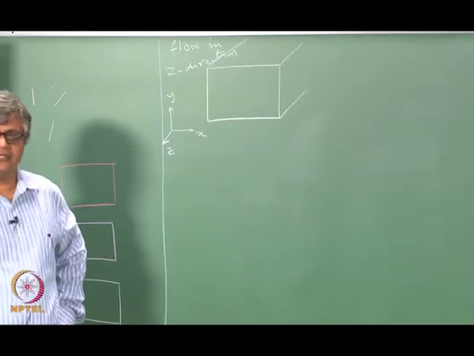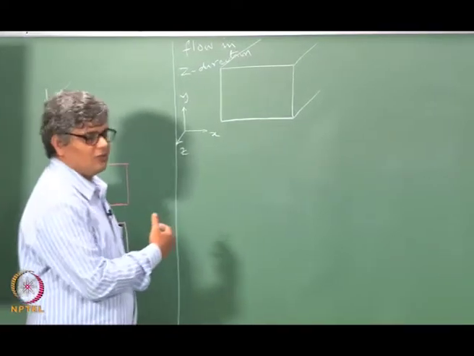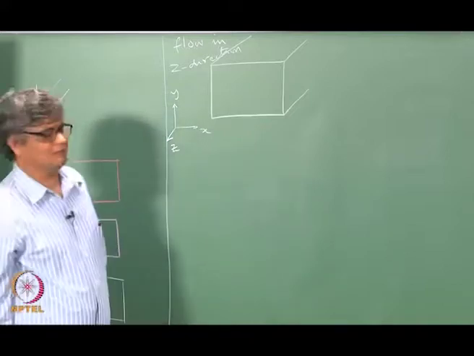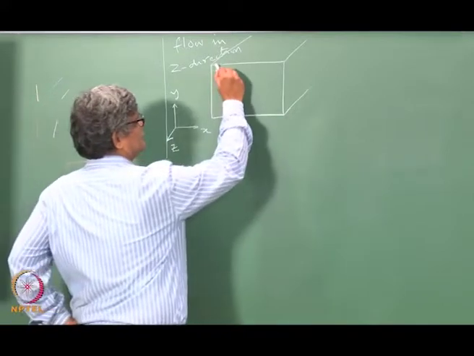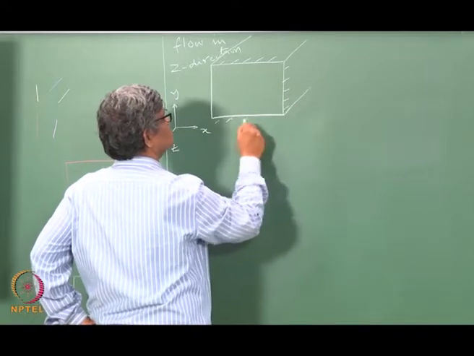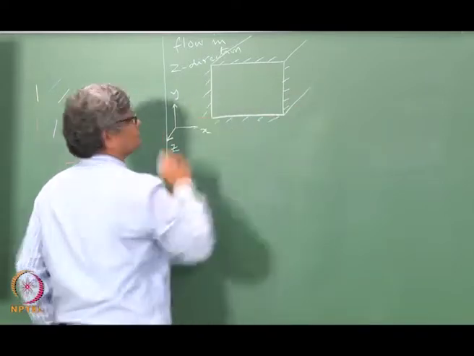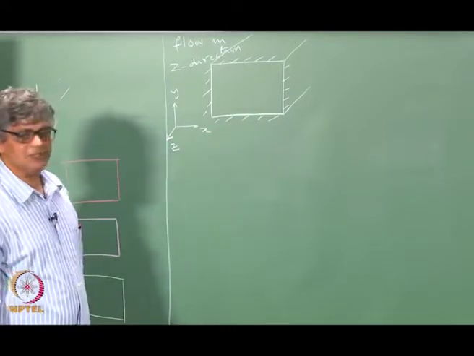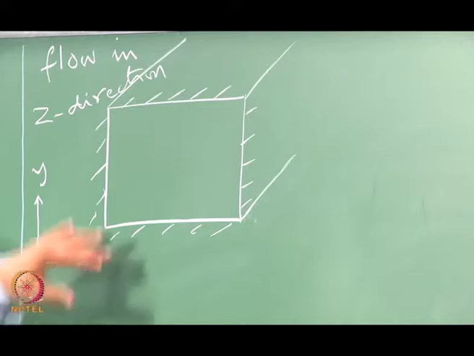And what we would like to know is how does the velocity change within this cross section. If you consider this, then this is a wall, at the wall we know that the velocity is going to be 0, and as you move away from the wall the velocity increases.